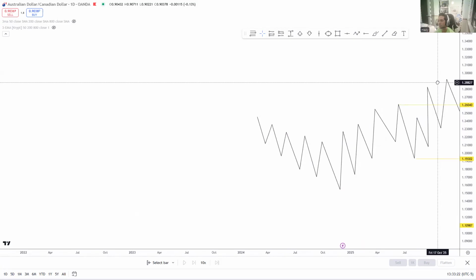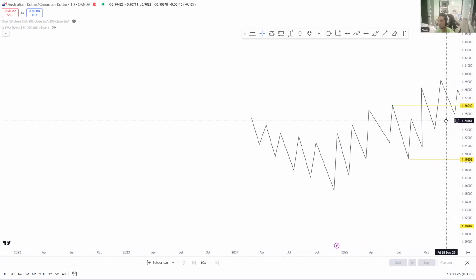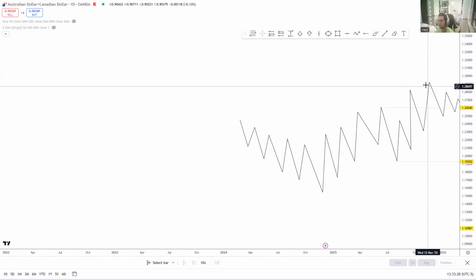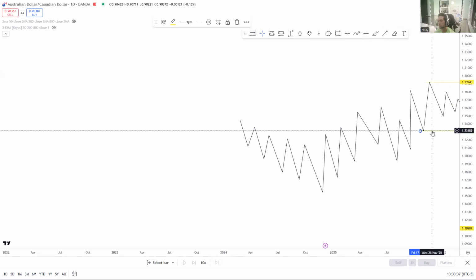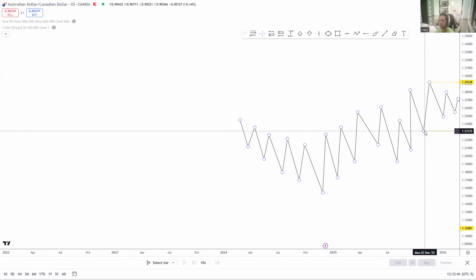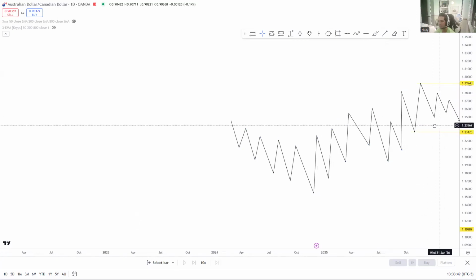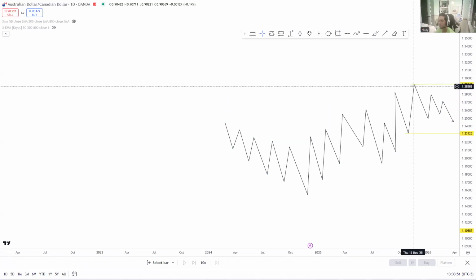Now we're doing the potential higher low, but we haven't closed above the last higher high, and we haven't closed below the higher low. This is the higher high, this is the higher low. So we are literally consolidating inside this bullish structure.